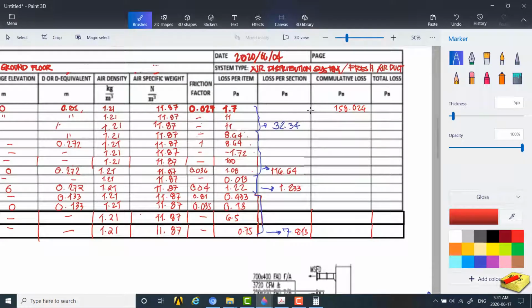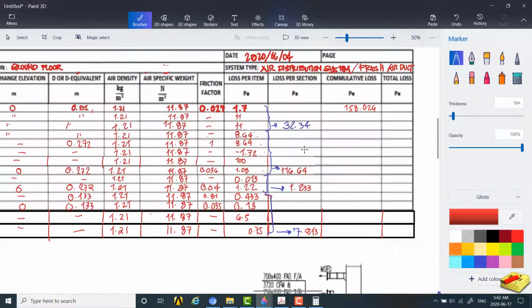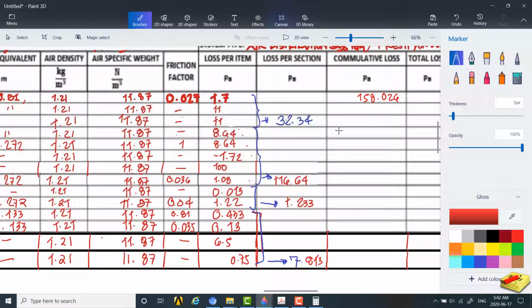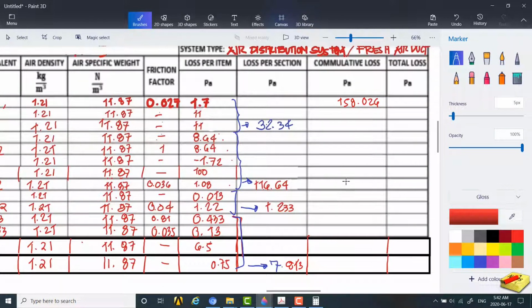So this is the sum of the whole system. Ito yan. Now we have your cumulative loss, starting from here.